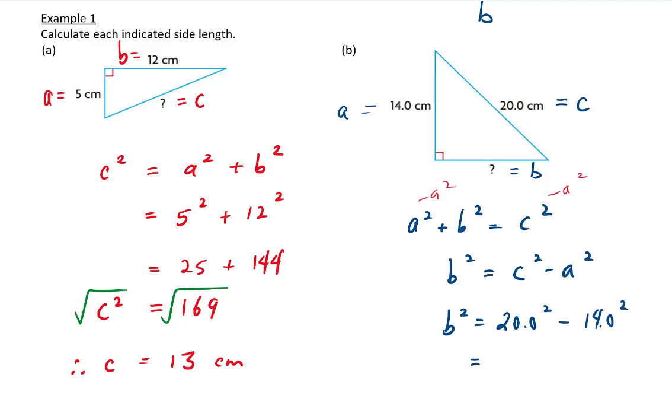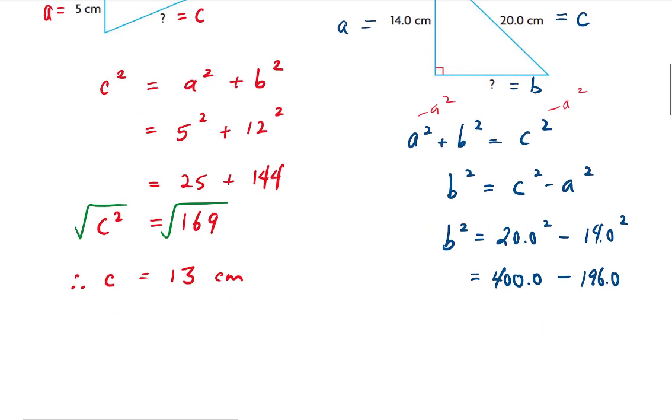So we know that 20 squared, that's going to be 400.0, minus 14 squared, which is 196. If we subtract those two numbers, we end up with 204.0. That is what B squared is equal to.